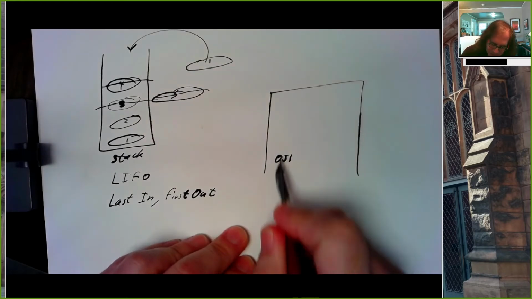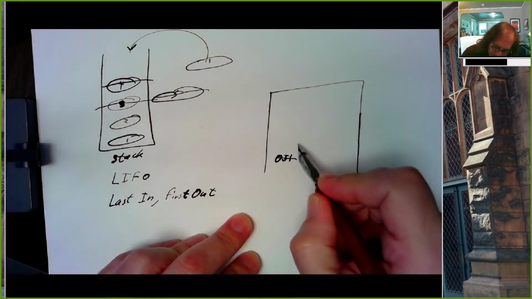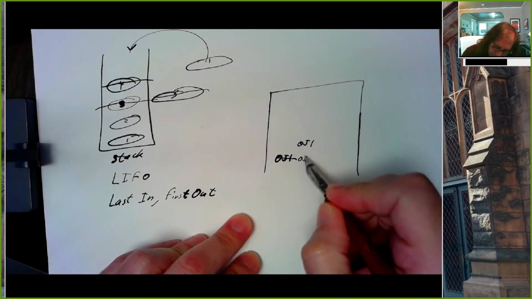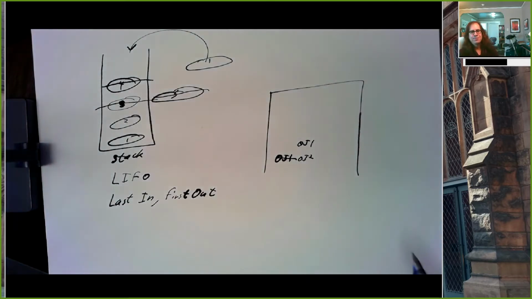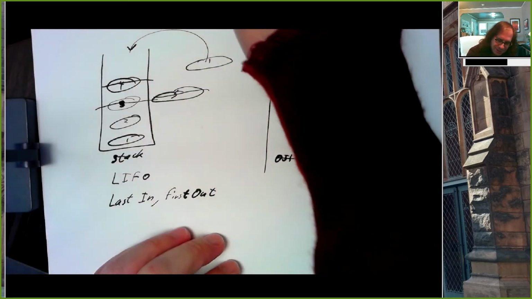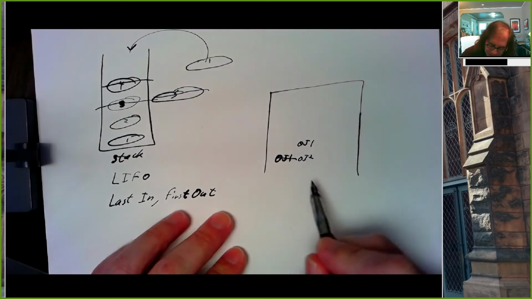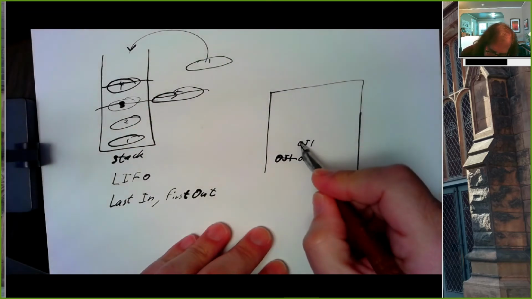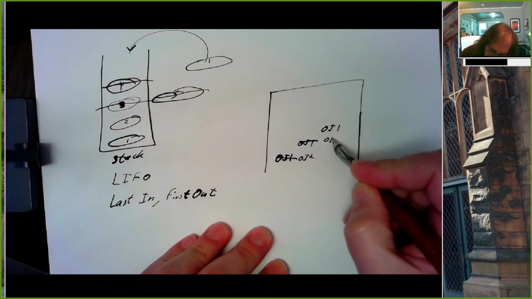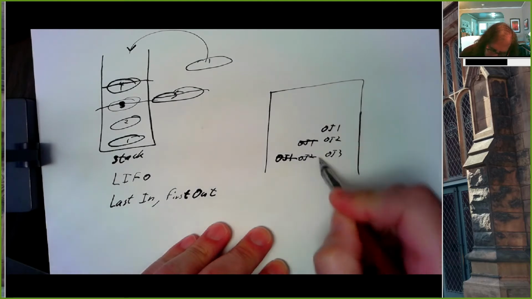They shove the new orange juice in here, so that orange juice 1 goes back here, and orange juice 2 is sitting here. And now you start drinking orange juice 2, and that starts getting low, so you go to the store and you come back with orange juice 3, and you push that into the fridge, and so this goes back here, and orange juice 3 is now sitting in the front.